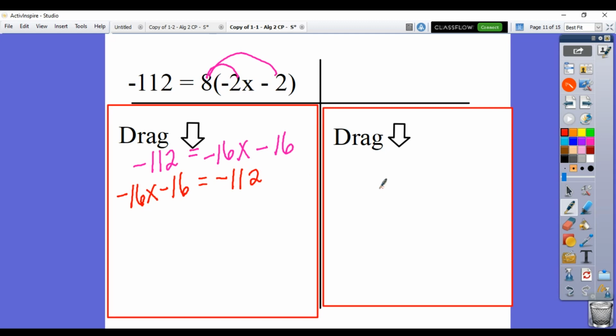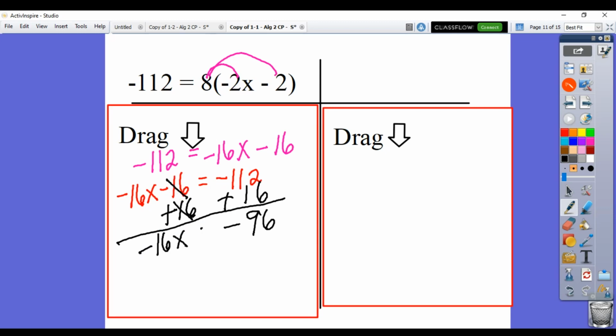Okay, so we can combine the like terms here. If we combine the like terms, I'm going to add 16 here, add 16 here, and then negative 112 plus 16 is going to be negative 96. And this cross out, you know that. Drop the negative 16x.